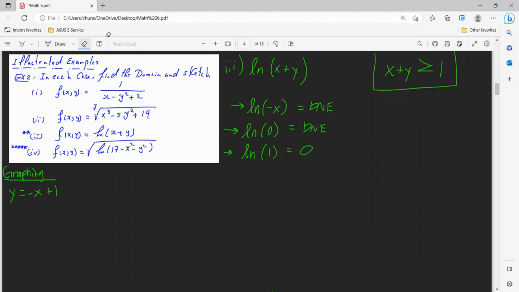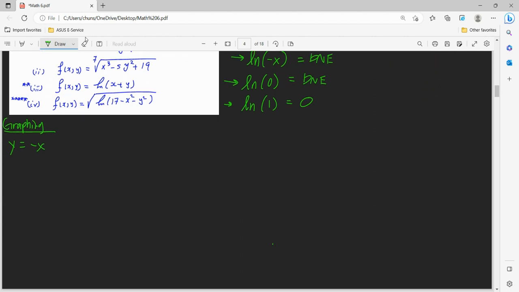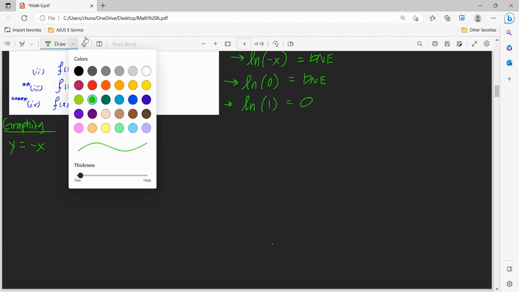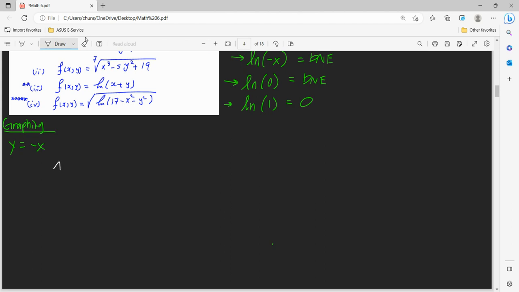That was a mistake. It just can't be 0, because ln of 0.5 can also work. This just has to be greater than 0. Apologies. If we move that around, that gives y equals negative x. If we were to graph this out, this curve would appear like this.